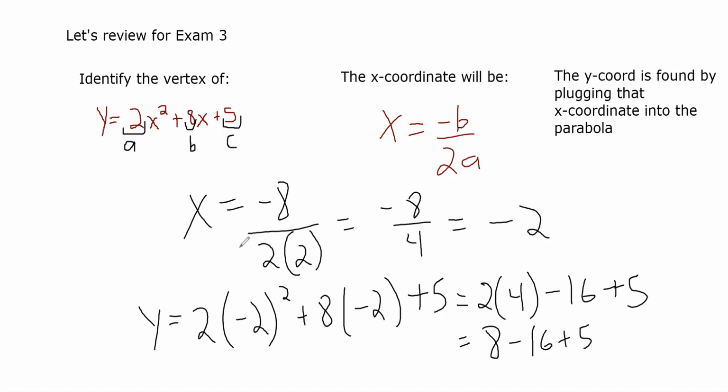Eight minus 16 becomes negative 8, plus 5 becomes negative 3. So we've got the x coordinate and the y coordinate of the vertex. So the vertex is the point negative 2 comma negative 3. Pretty straightforward.